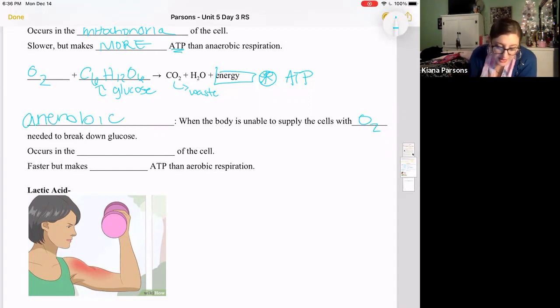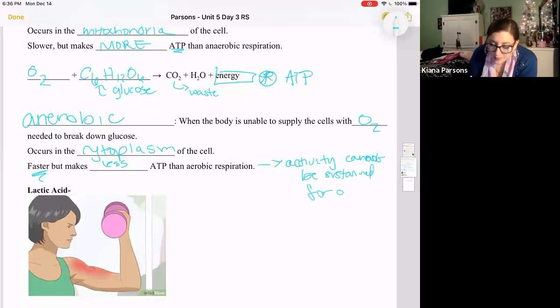So this occurs in the cytoplasm of the cell. It's faster, but it makes less ATP. So as a result, the activity cannot be sustained for as long of a period, which is why it is done in short bursts.